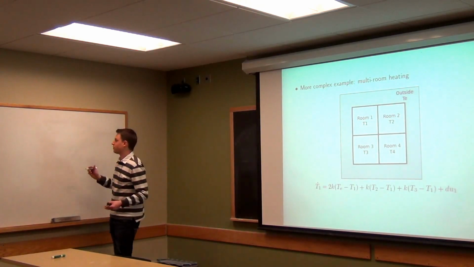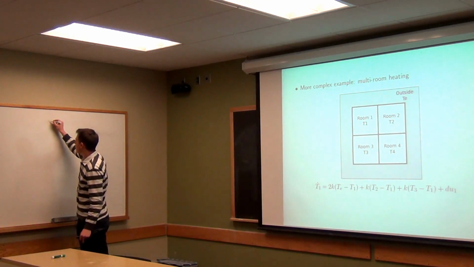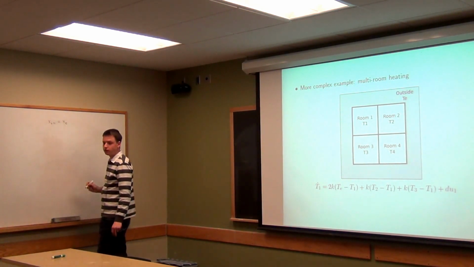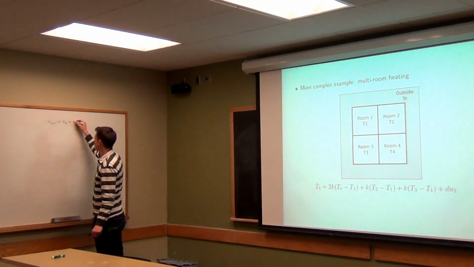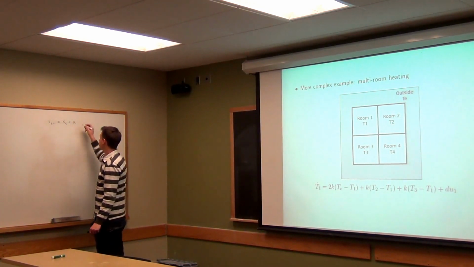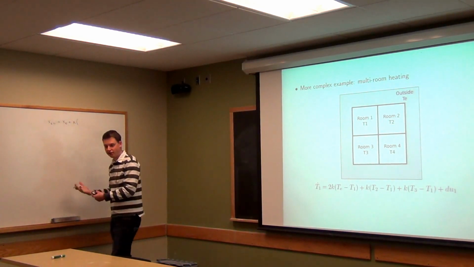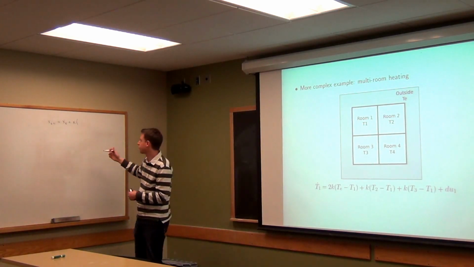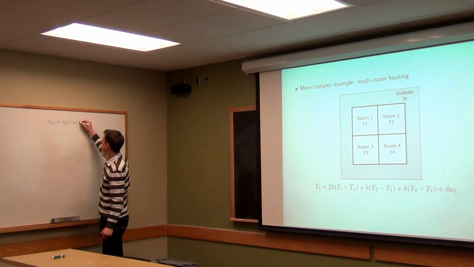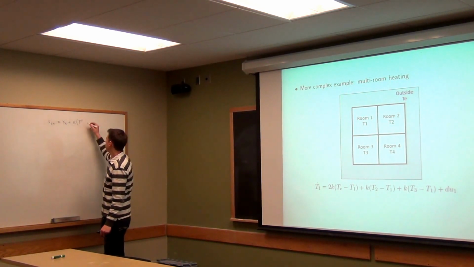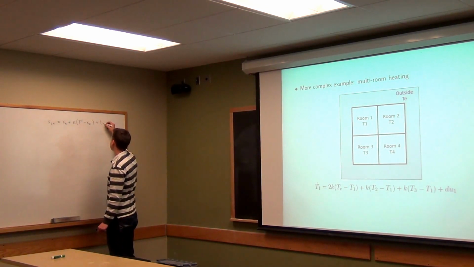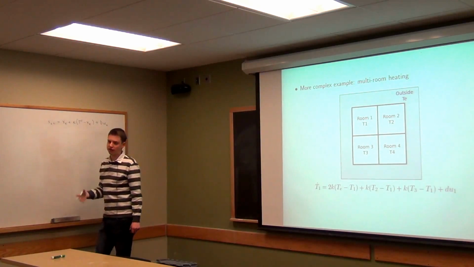From our derivation last time, we saw that the state at time t plus 1 equals the state at time t plus some constant, where this constant depends on both the thermal properties of the room and the time step we're talking about, times, I'll just say, the external temperature minus the current temperature, and then maybe plus some other constant times whether we turn on the heater or not.